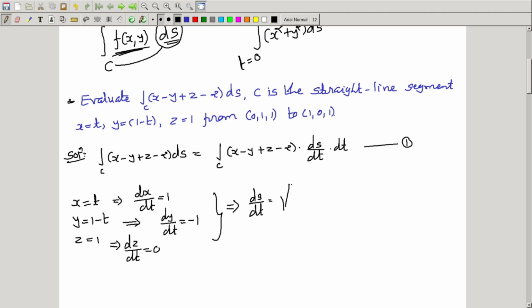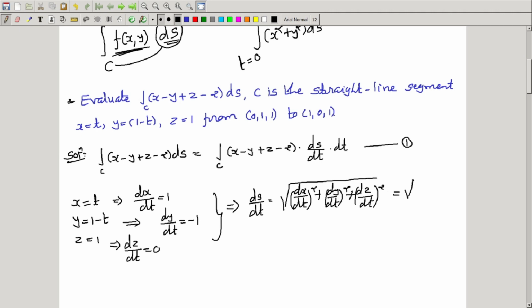This is nothing but the square root of (dx by dt) squared plus (dy by dt) squared plus (dz by dt) squared. Right?